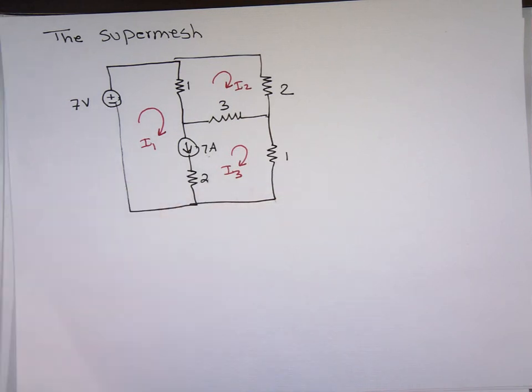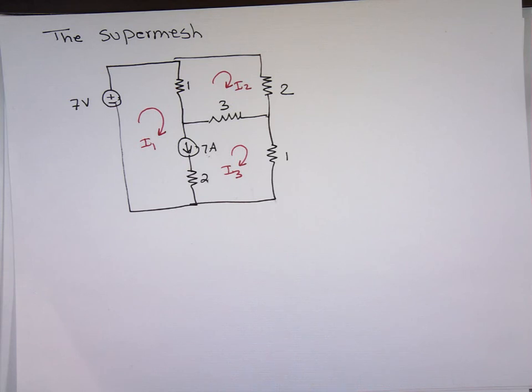Let me get some markers here and highlight what I'm talking about, where the loop is. There's a blue highlighter. What else? There's a yellow highlighter.